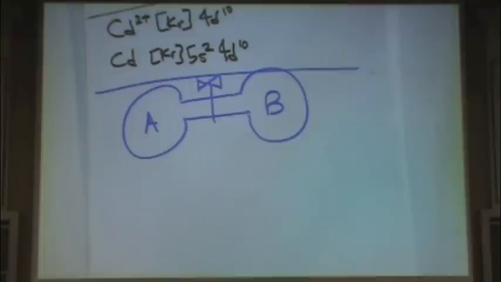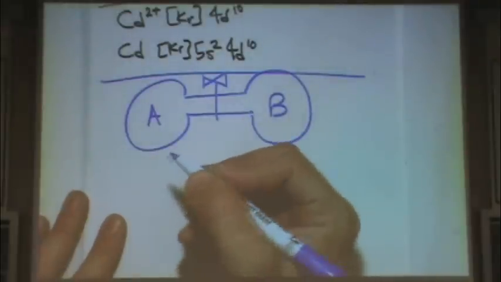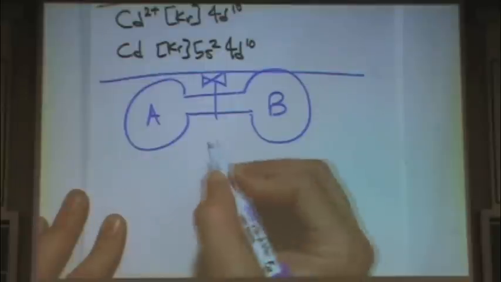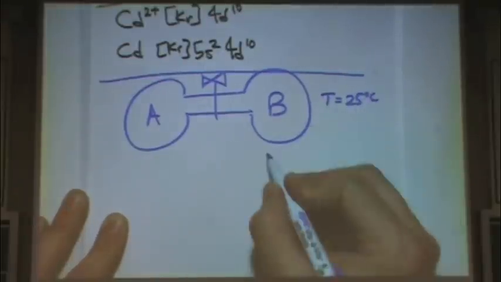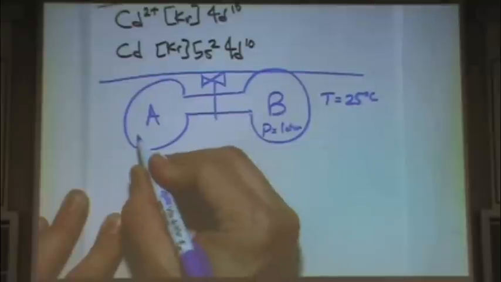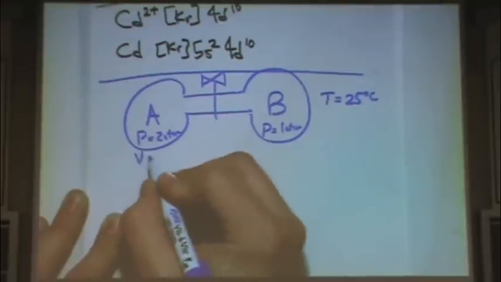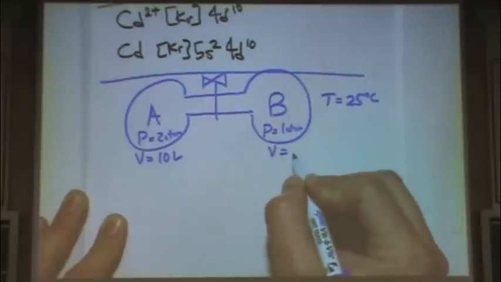Let's open the valve and find the final conditions, final partial pressures, etc. What you would do depends on what they give you. Let's say the temperature for both is 25 degrees C. Let's say the pressure here is 1 atm, the pressure here is 2 atm, the volume here is 10 liters, and the volume here is 20 liters.